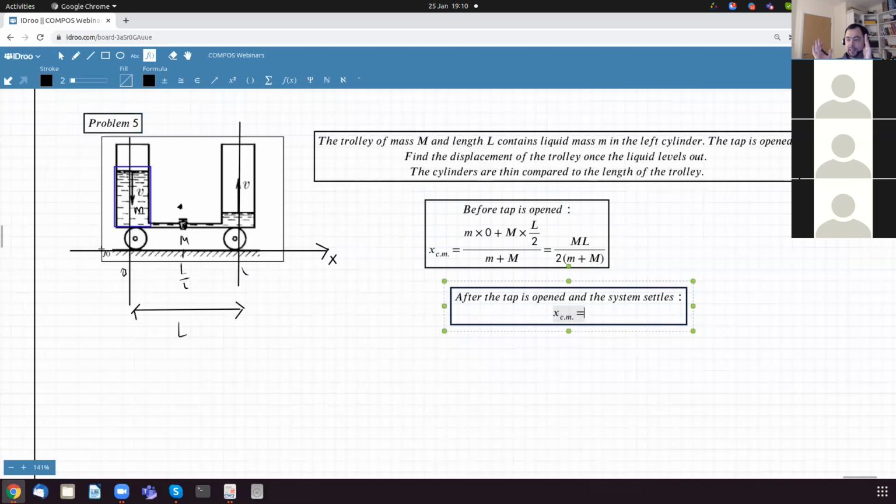So the system has shifted to the left a distance of x, but then because the water will even out, in both cylinders there will be the same amount of water. So the center of mass of the trolley and the center of mass of the water would be in the middle.